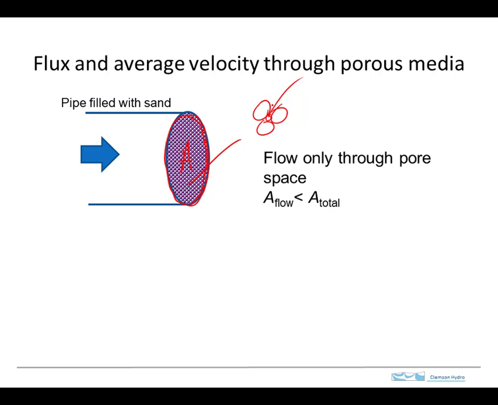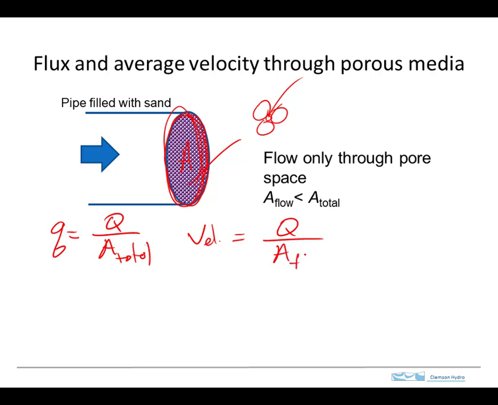Okay, so the flux we can think of as a volumetric rate divided by the area total. So this area here, the velocity, the average velocity, would be the volumetric flow divided by the area through which flow is occurring.